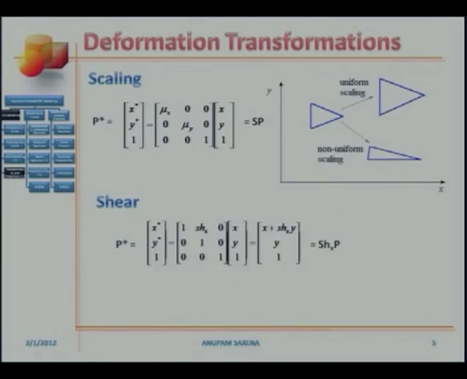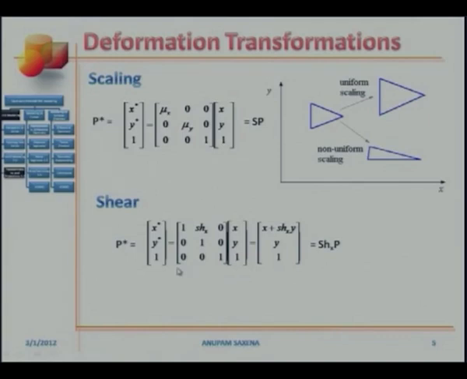Let us say that we want to shear an object along the x direction. An object will have vertices, each of which will be represented by this column vector, in short, by P, and this 3 by 3 matrix over here would represent a shear transformation.